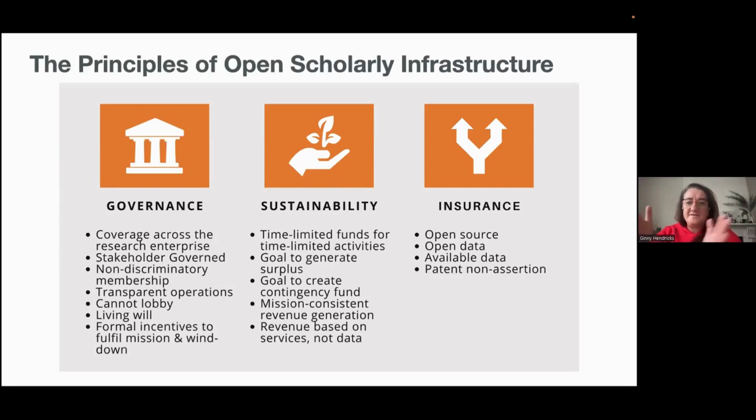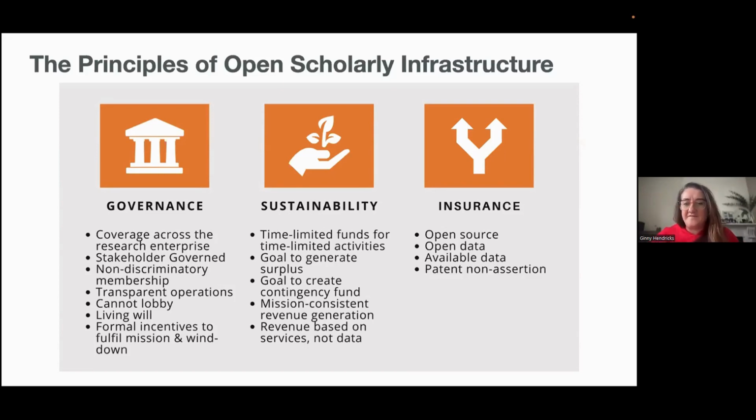They're grouped around governance, sustainability, and insurance. Insurance being the things that we can put in place so that if something fails at Crossref, the community can take data, software, staff policies and operational materials, and recreate something if needed, if Crossref turns evil or needs to be closed down for any reason.